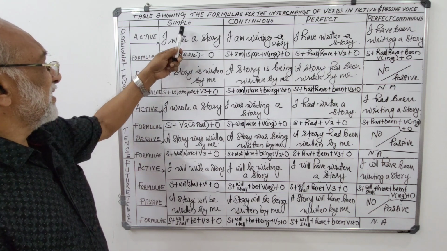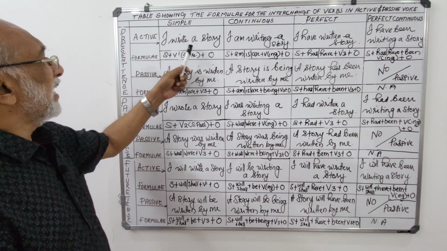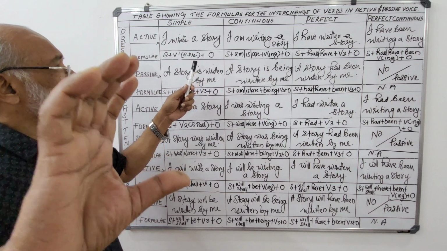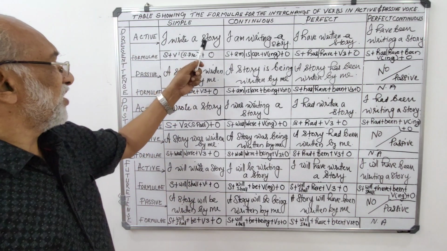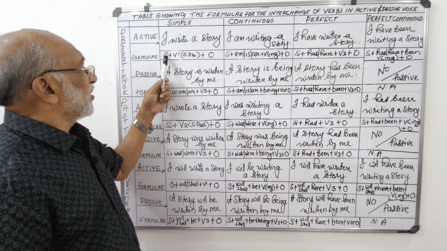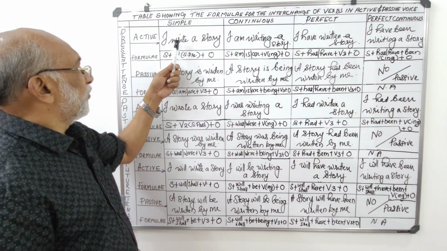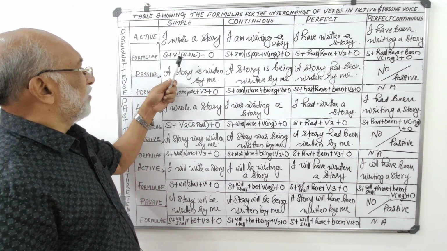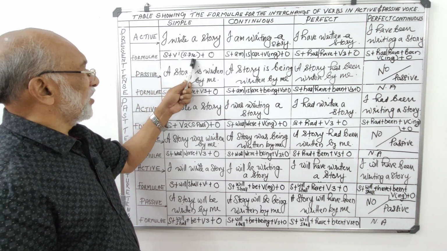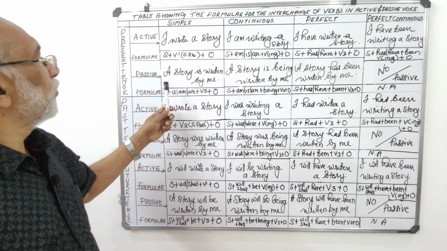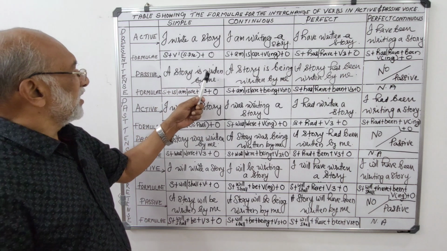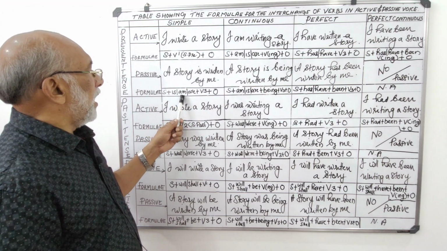Okay, the first sentence is in simple present tense. I write a story. I have taken a very short sentence for convenience sake. I write a story. The structure or the formulae for it is subject plus verb 1, that is simple present, plus object. And the passive voice is: a story is written, subject plus is, are.